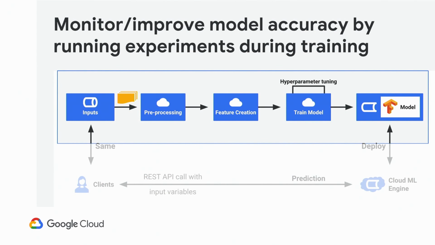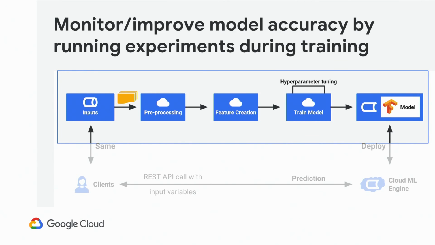Okay. But once you have a machine learning pipeline, once you have your data processing pipeline, we need to monitor this pipeline for data changes. Okay. And why do we need to do that? It's because while you're training the model, you're essentially always focusing on your input data, you're pre-processing it, you're creating features, you're tuning your model, and you've deployed your model. At that point in time, all of your processing is in terms of running experiments. You're basically trying to figure out what parameters to use for your machine learning models.